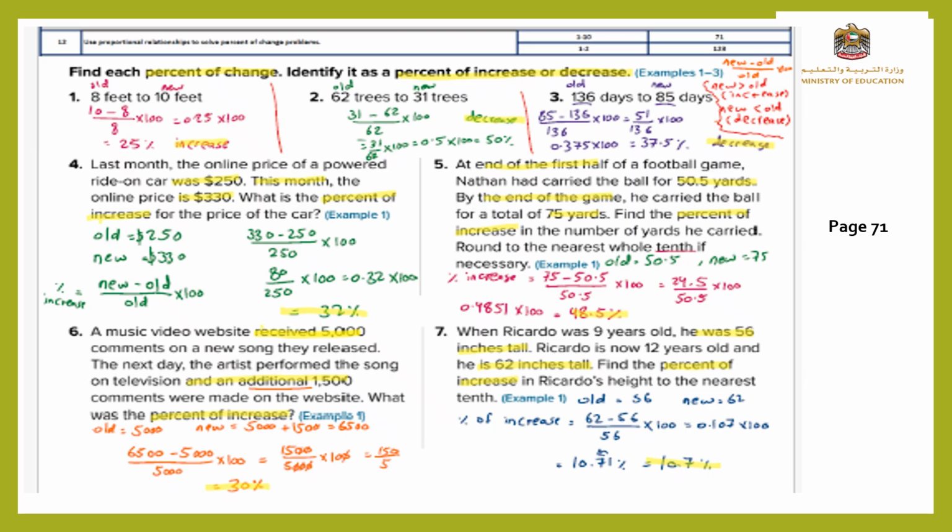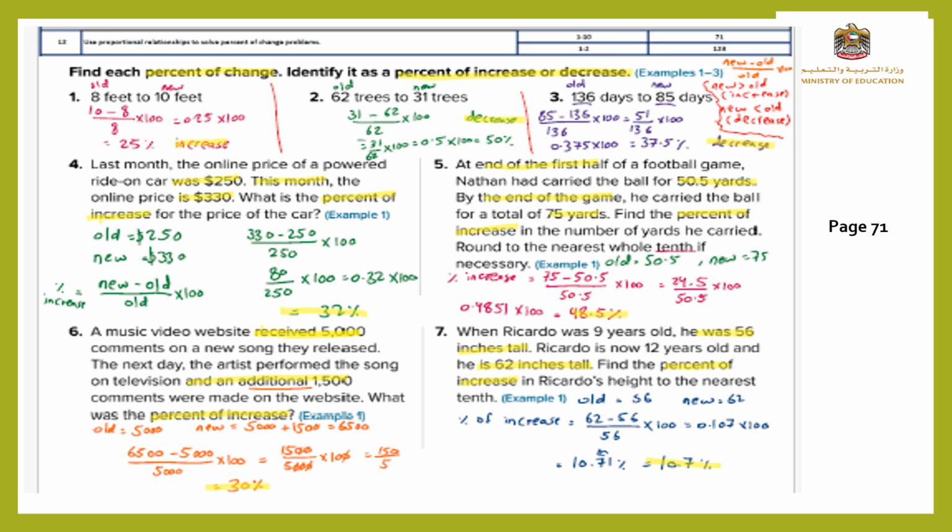So the difference is 2, 2 over 8 times 100, so 25 percent. Here 62 to 31. You see 62 becoming 31 means it is decreasing. The difference is 31, over 62 times 100, which means 50 percent.